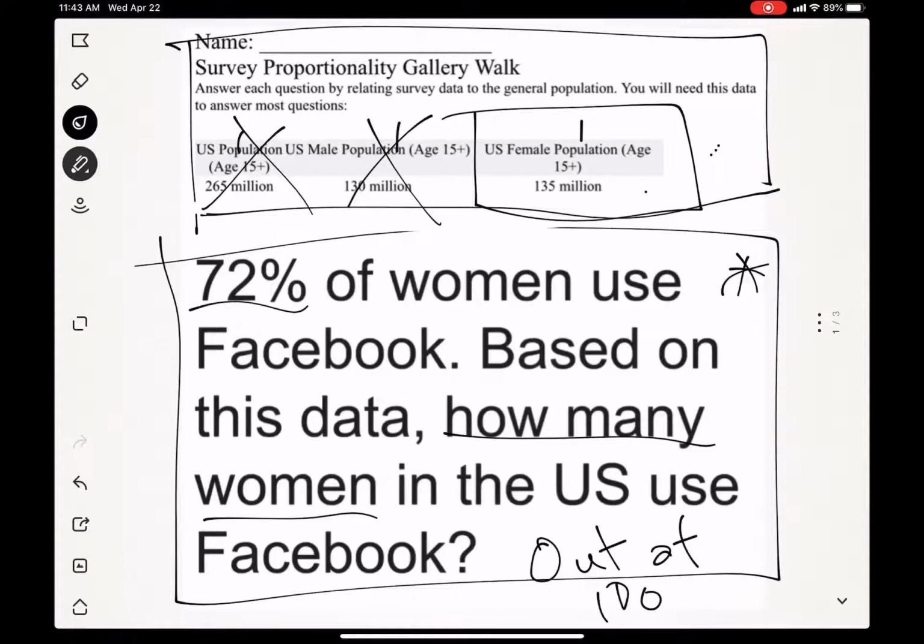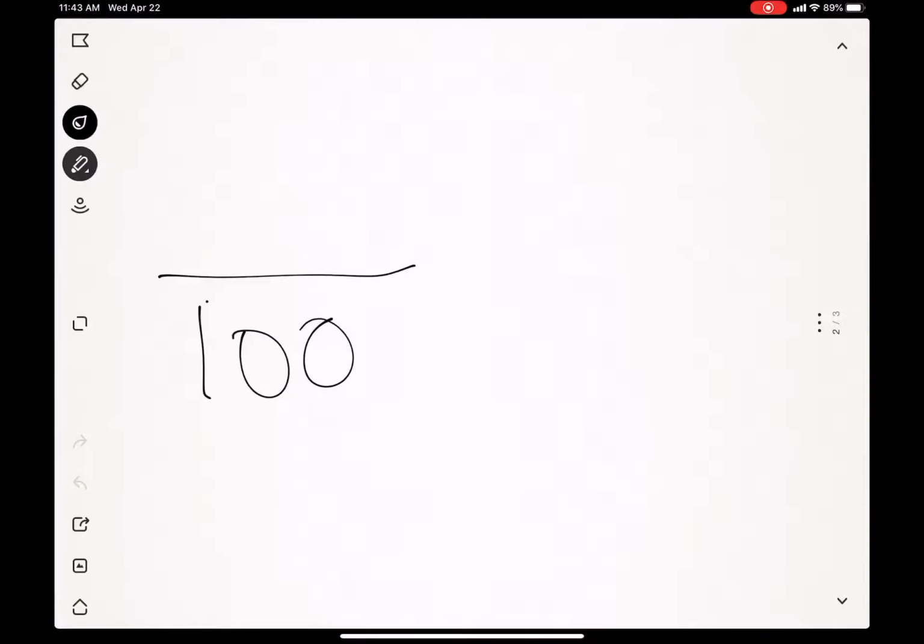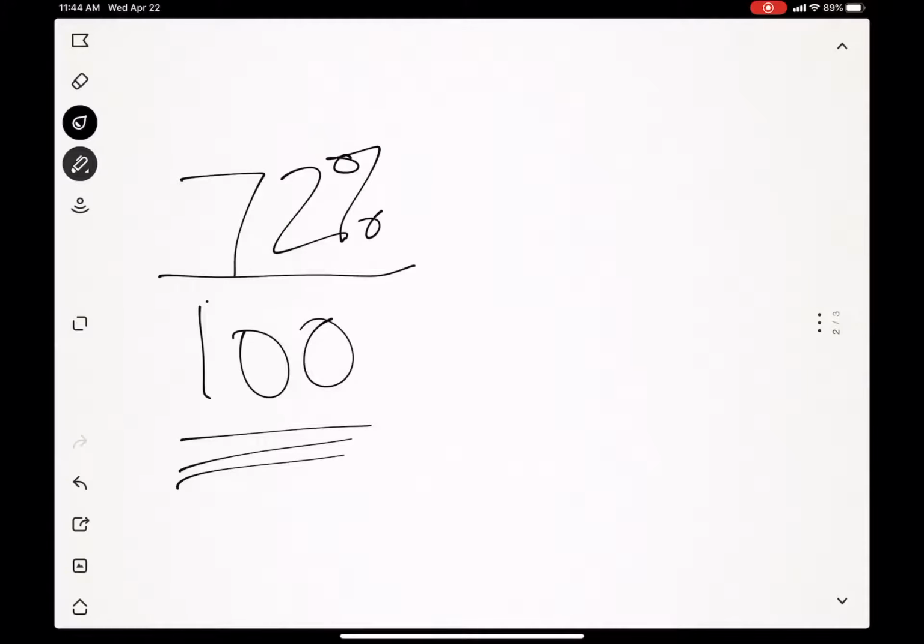So I want to set up my ratio. When I'm setting up my ratio, I know it's always out of 100 because we're dealing with percentages, and it was 72%. So 72 out of 100. Like we said, it's a lot more than 100 people.